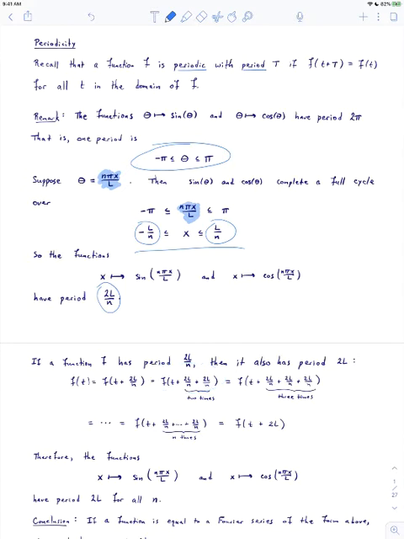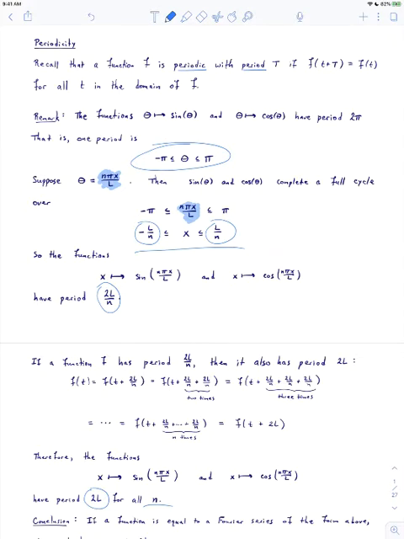And then you can just keep adding in periods over and over again until you do it n times, and then 2L over n, n times, is just 2L. So the important thing here is to understand that the functions that take x to sine of n pi x over L and x to cosine of n pi x over L all have period 2L for any choice of n, regardless of the choice of n.